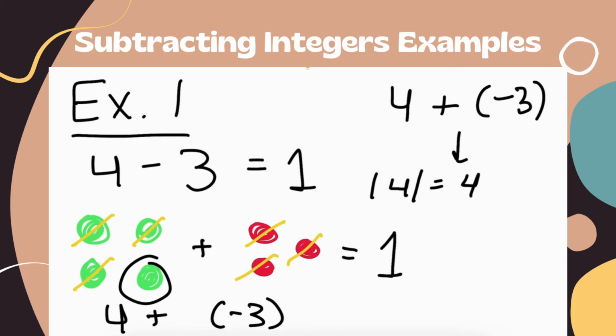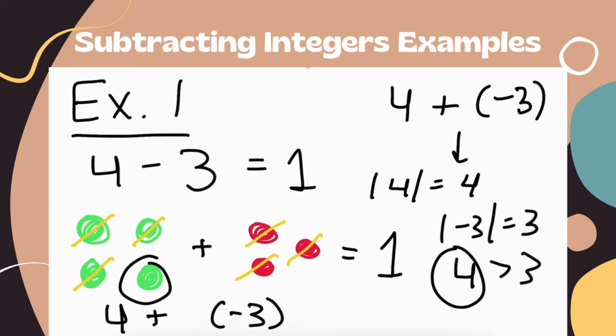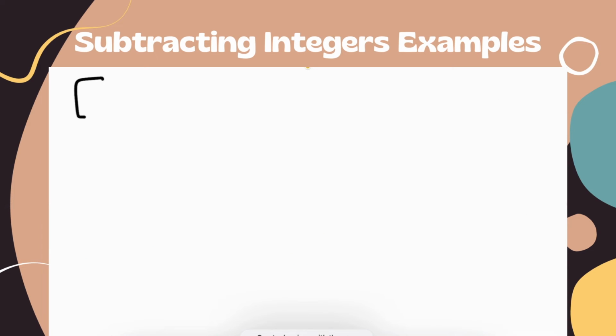Notice that the absolute value of 4 is 4, and the absolute value of negative 3 is 3. Since 4 is bigger than 3, we know that our answer should have the sign of 4. So if you're adding or subtracting terms that have the same sign, your answer is going to have the same sign. But if they're different signs, your answer will have the sign of the larger absolute value.